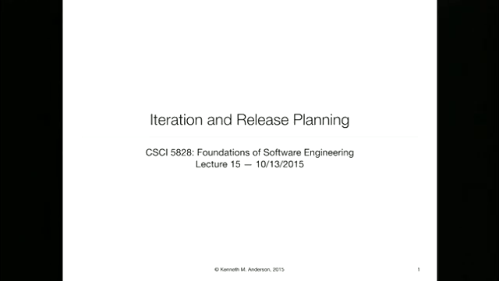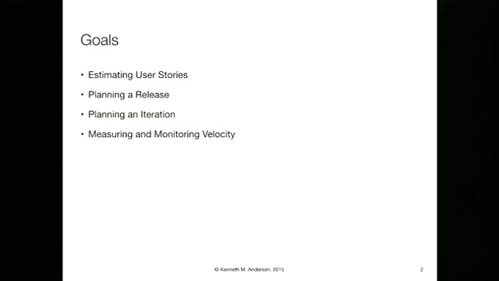So welcome. This is lecture 15 of CSCI 5828, Foundations of Software Engineering. Today we're going to be continuing to talk about our agile software life cycles and be focusing on iteration and release planning.